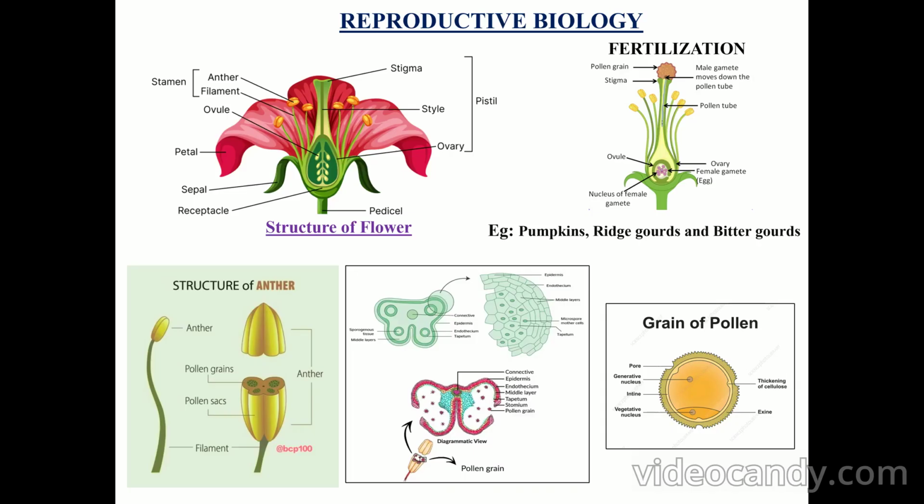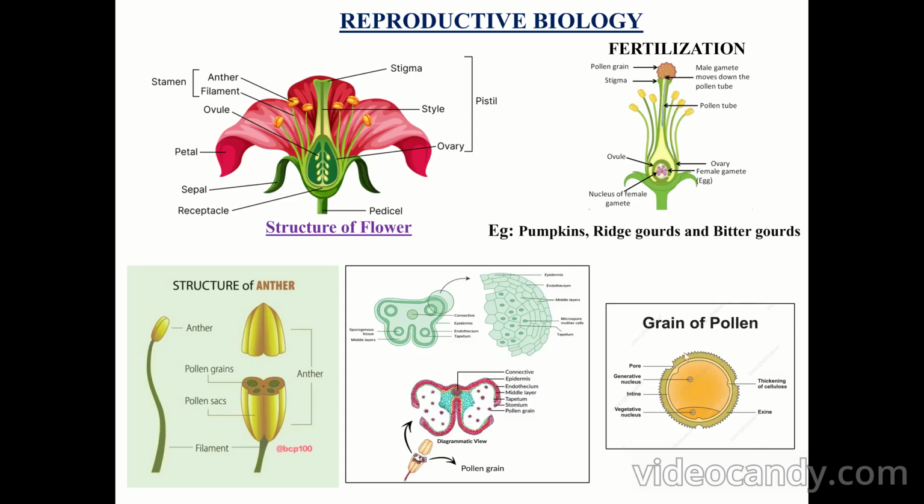It helps the pollen grains to withstand extreme environmental conditions. It has a special substance called sporopollenin, which helps the pollen grains withstand extreme environmental conditions. The inner layer of the pollen grain is called the intine.